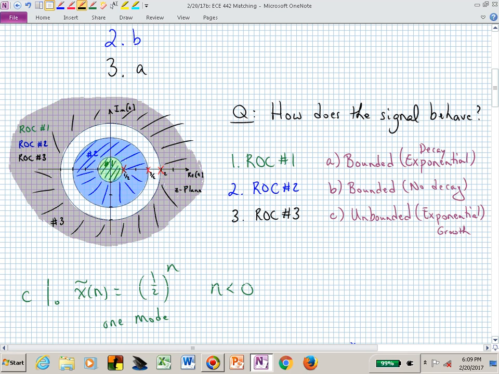You're going to have two pieces, really, but what's going to dominate the behavior? The one that just shakes, the bounded one. The others are going to exponentially decay. So this one would be B. I would say it's B. You have a bounded response, because there's some that just keep going and going.